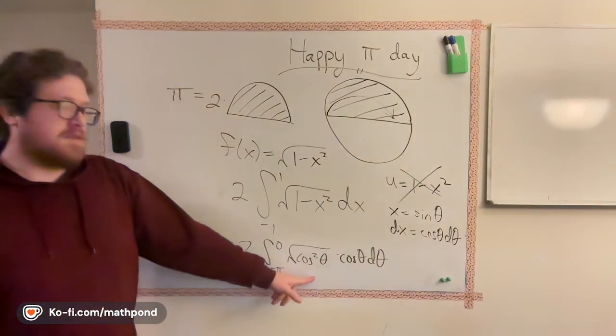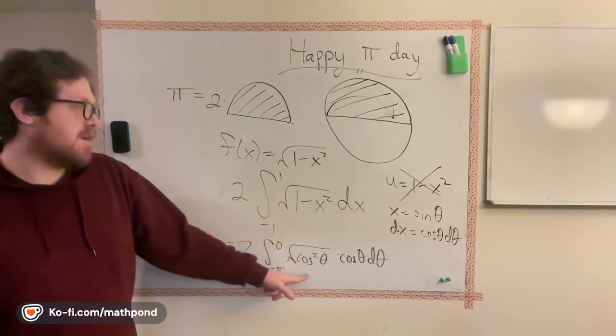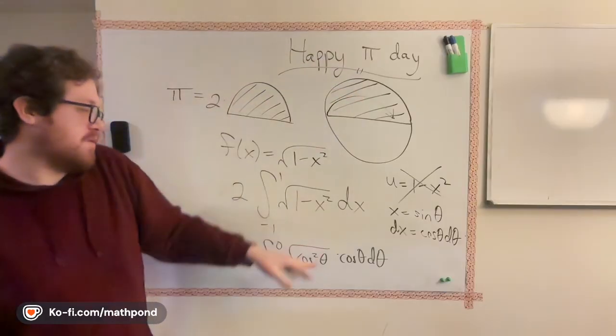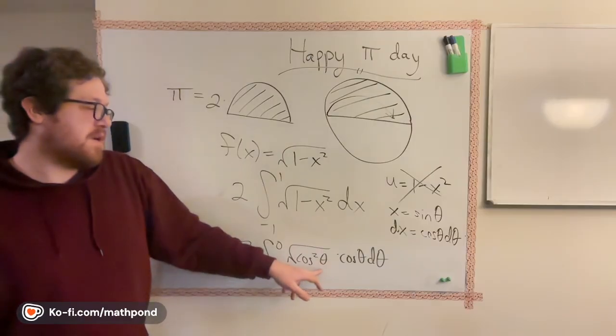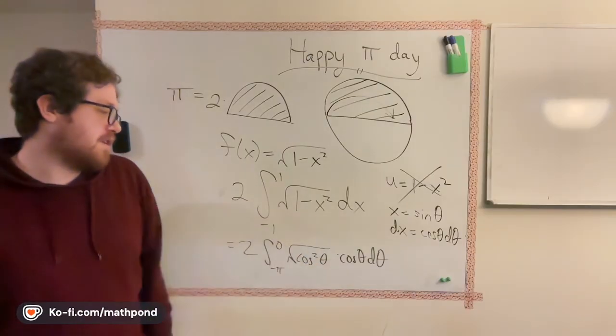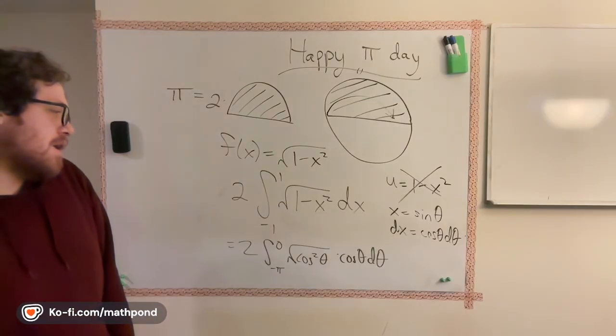Does this make sense? So square root of cosine squared is just cosine. I guess cosine's always positive here, so we don't have to worry about the square root of cosine squared. That's just cosine, so it's basically cosine squared d theta, is that right?